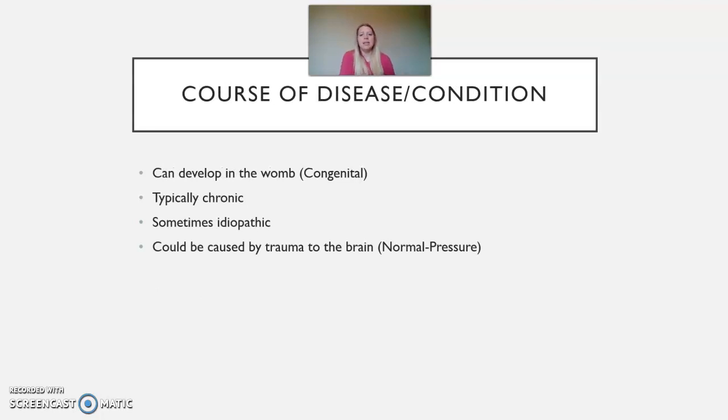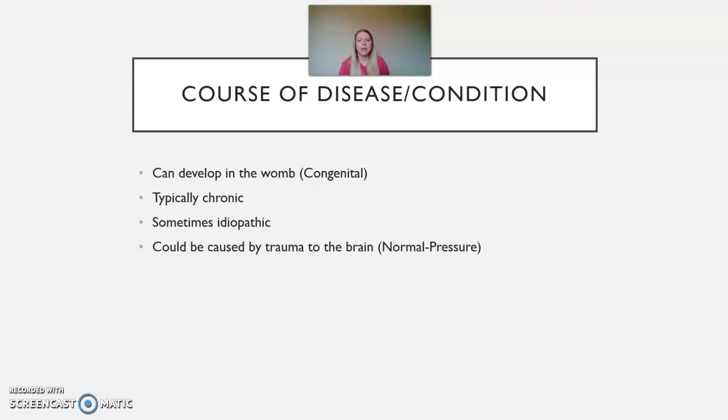All right, the course of the disease can either be acquired or congenital. Congenital being developed in the womb, right at birth, or just after birth. So it's typically chronic. So patients with hydrocephalus are dealing with lifelong symptoms and complications sometimes.